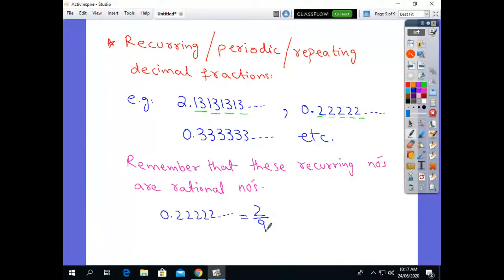If we divide 2 by 9, we get 0.2222 and so on. This number is converted into P by Q form. That's why this number is called a rational number. The other example is 0.3333 and so on, which becomes 3 by 9.